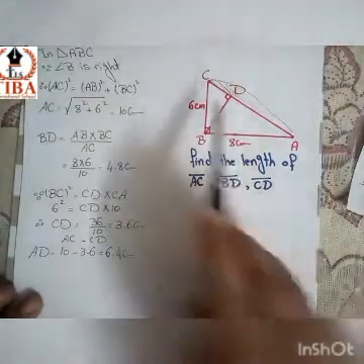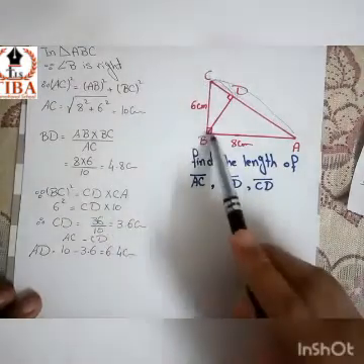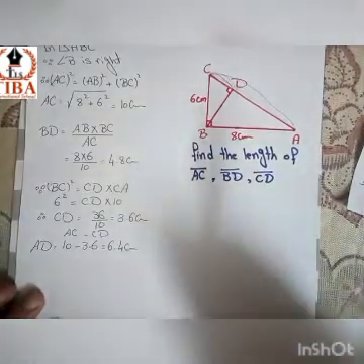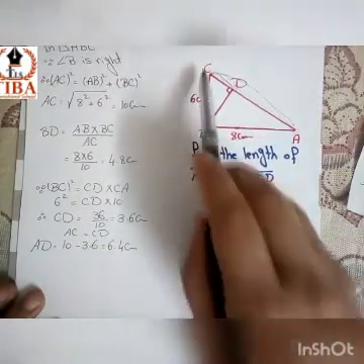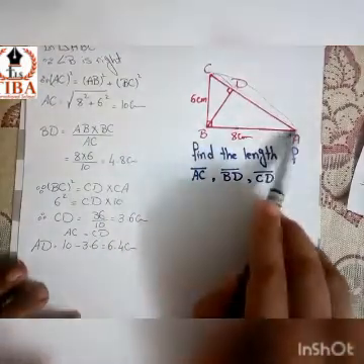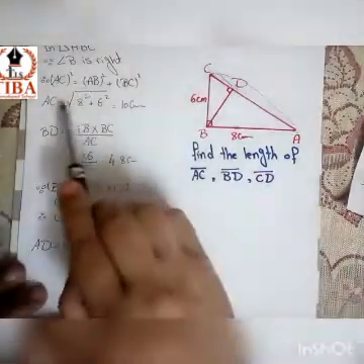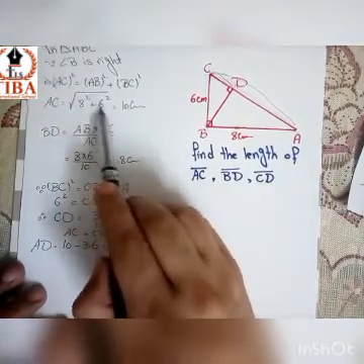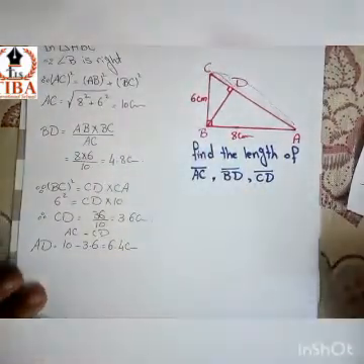To find the length of AC, from the triangle ABC, which is right angled at B, from Pythagoras theorem, which was studied in Middle 1, AC power 2 equals AB power 2 plus BC power 2. So AC equals the square root of 8 power 2 plus 6 power 2, which equals 10 centimeters.